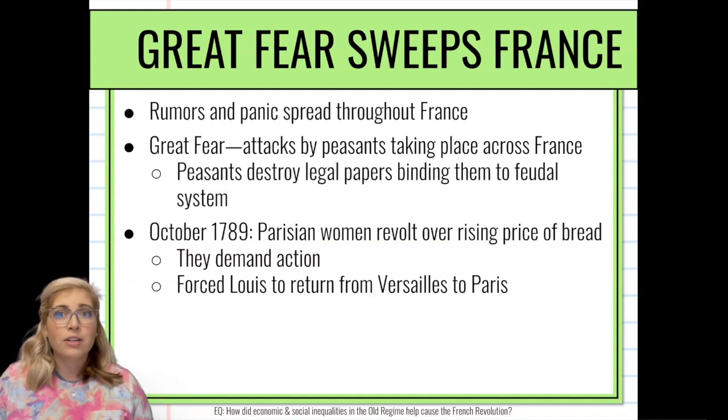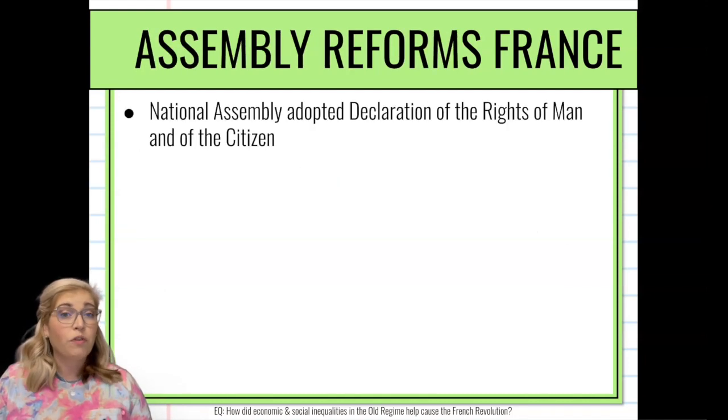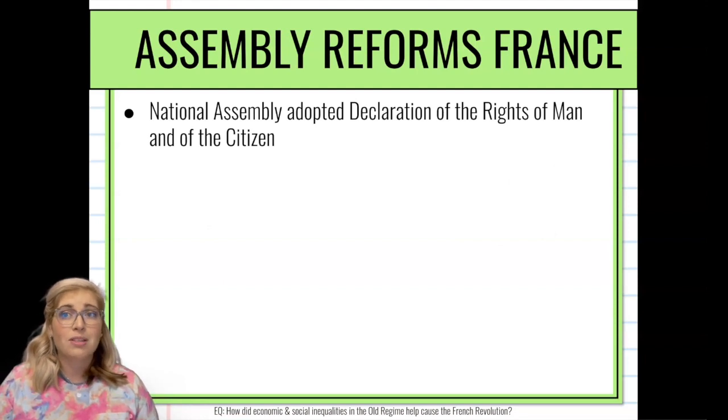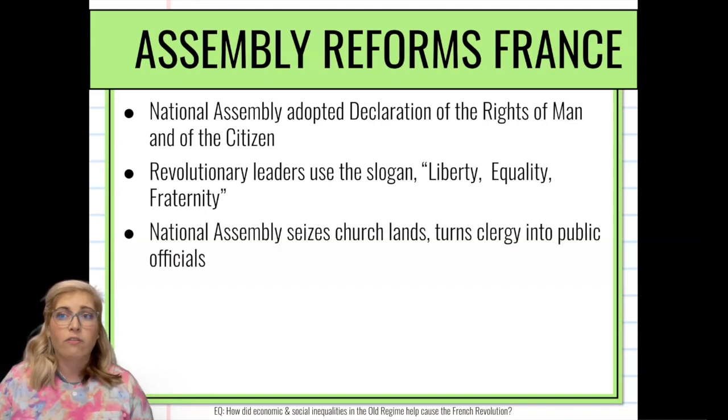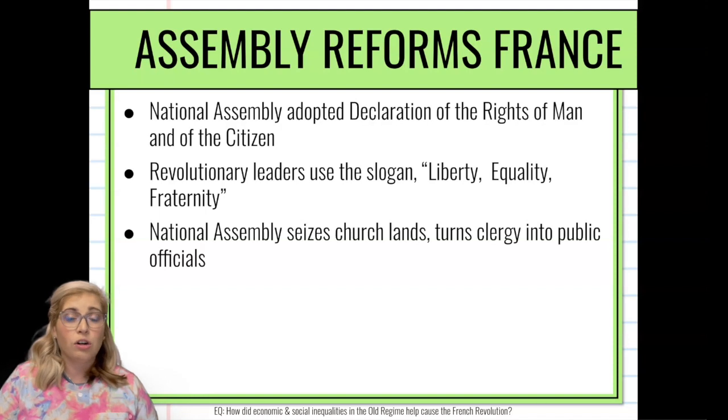Now, we have another assembly that forms, or reforms, in France. The National Assembly adopts something known as the Declaration of the Rights of Man and the Citizen. Revolutionary leaders take the slogan of liberty, equality, fraternity, and this assembly seizes lands back from the church, and they turn clergy officials into public, secular officials.